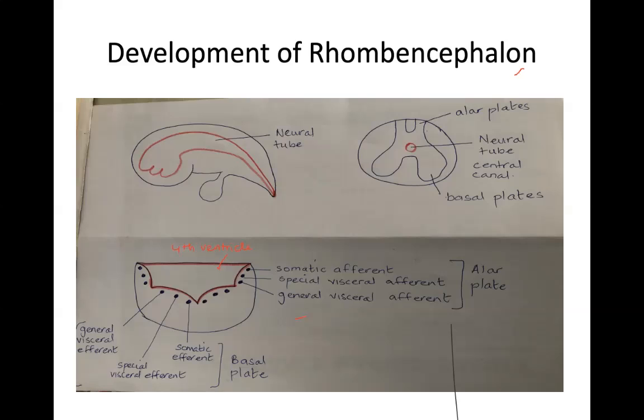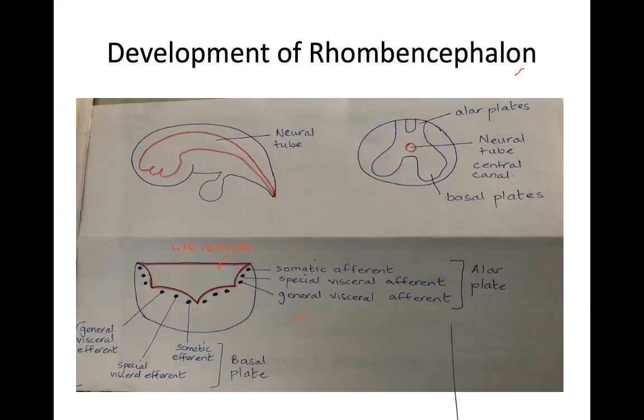Special visceral efferent, which means motor neurons controlling different structures coming from pharyngeal arches. General visceral efferent, which will control involuntary muscles in the GIT or the heart or respiratory system.